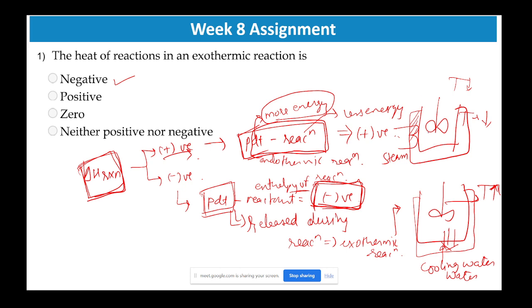And in the endothermic reaction, by supplying steam, you add heat into the system. So both types of processes are opposite, where one has a positive heat of reaction and another has a negative heat of reaction. So for this question, exothermic reactions are those that have a negative heat of reaction.